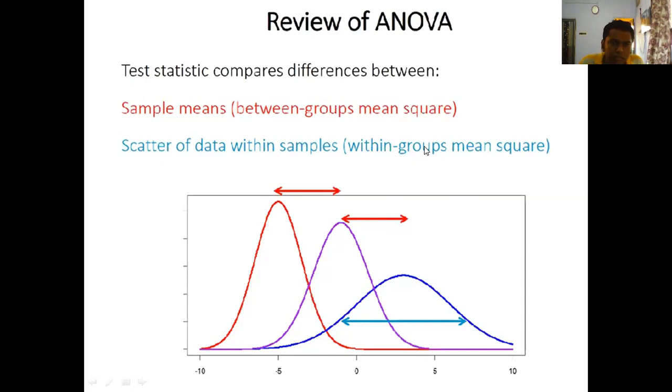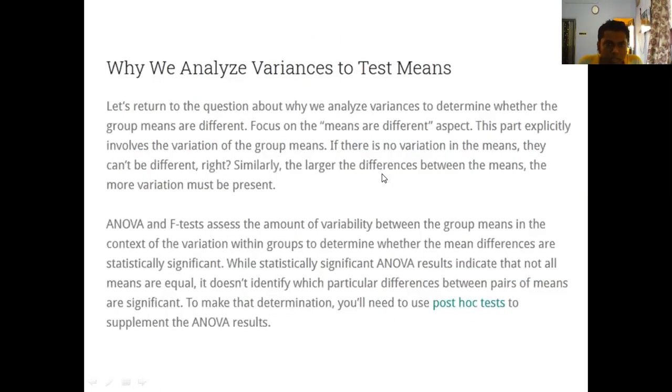So the answer is this: focus on the means are different aspect. In ANOVA, we would like to test whether means are different among the groups. This part explicitly involves the variation of the group means.